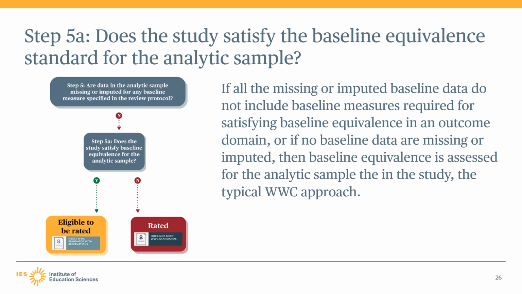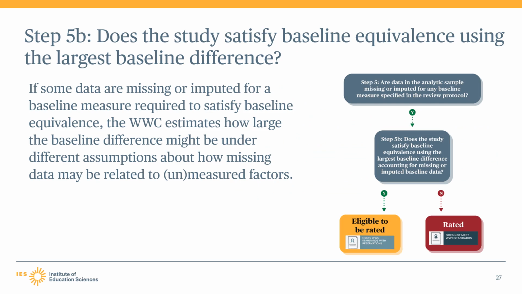In this scenario, baseline equivalence is assessed using the usual approach that was described in the baseline equivalence module in this training series. In contrast, Step 5B will be used if the study did have missing or imputed baseline data on any of the key measures that are required for satisfying baseline equivalence.